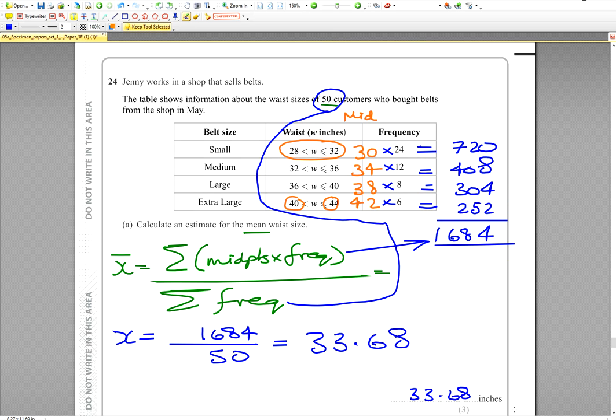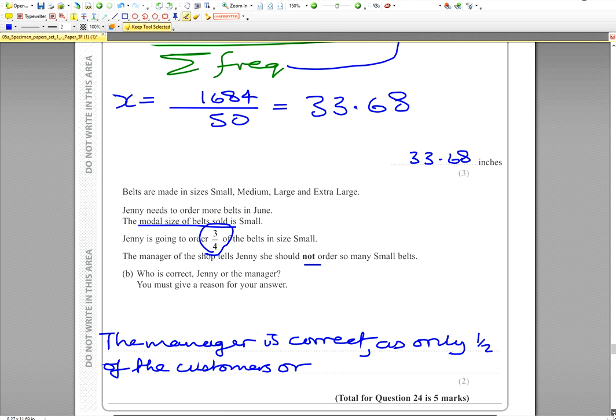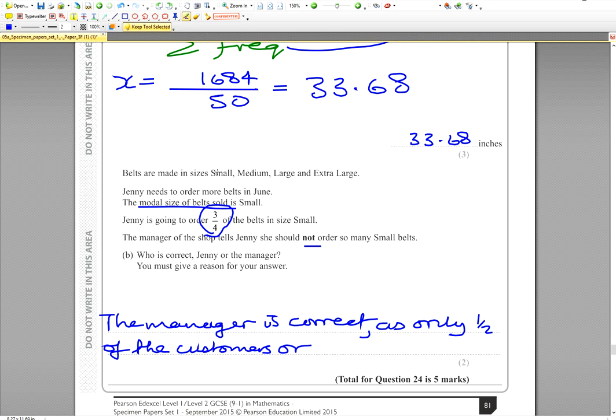Customers, so it won't be ordered, it will be bought. So 3/4 is too much.